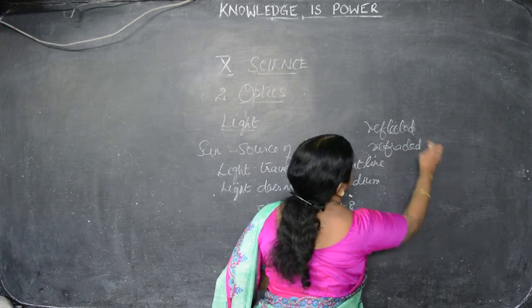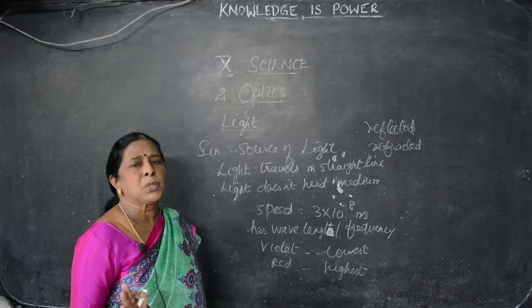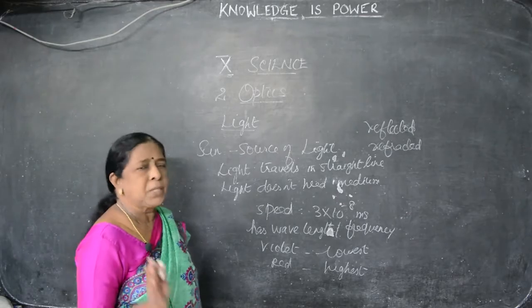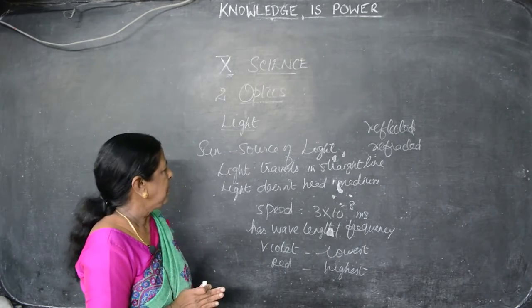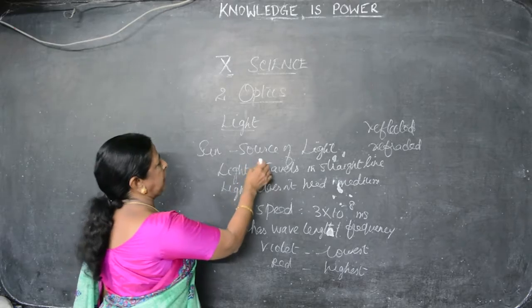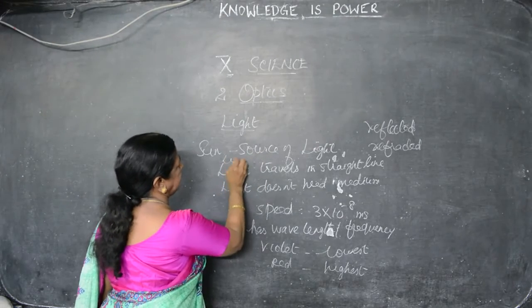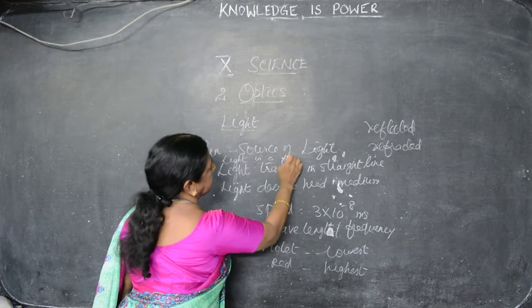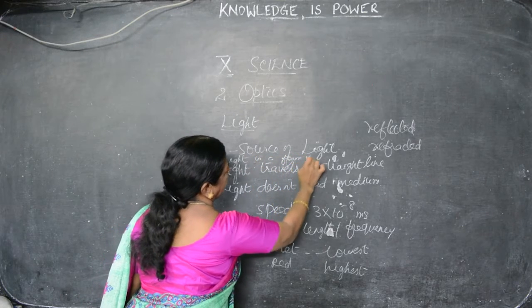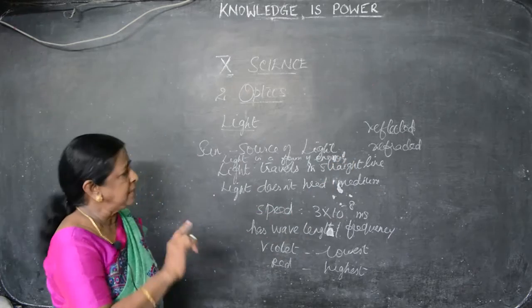So what are the points we have seen now? First, the Sun is the main source of light. What are the properties of light? Light is a form of energy. Light travels in a straight line.